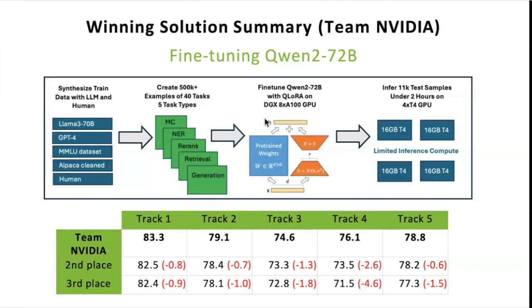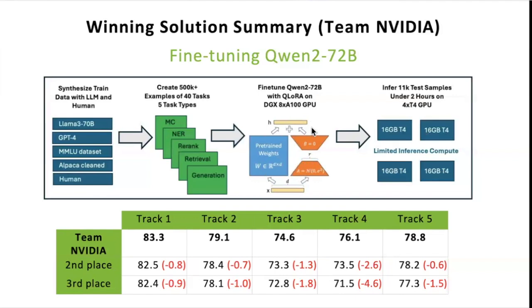After they create the training data, they fine-tune the Qwen model. Of course, as the first step, you evaluate the zero-shot, non-fine-tuned version of all the LLMs. They identified that Qwen 72 billion gets the best zero-shot performance without any fine-tuning. So they chose this as their LLM backbone, and fine-tuned it with QLoRA on 8 GPUs.